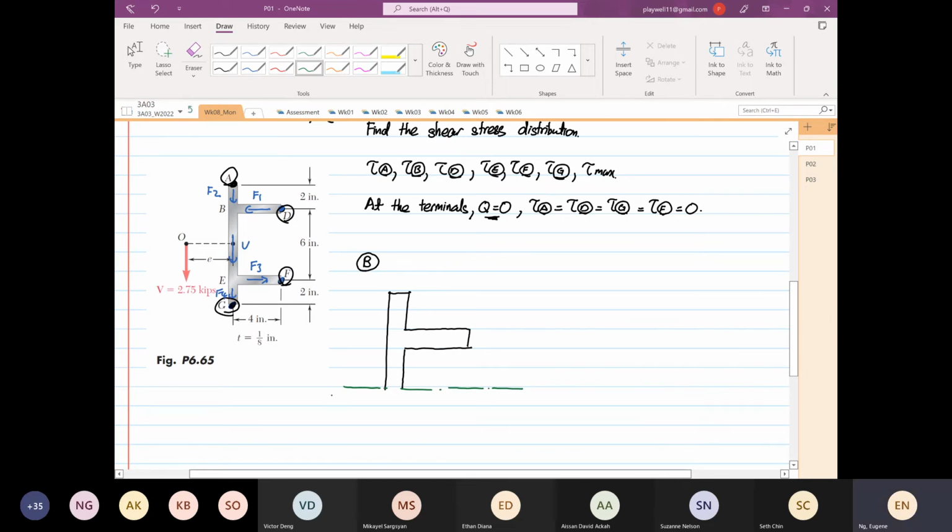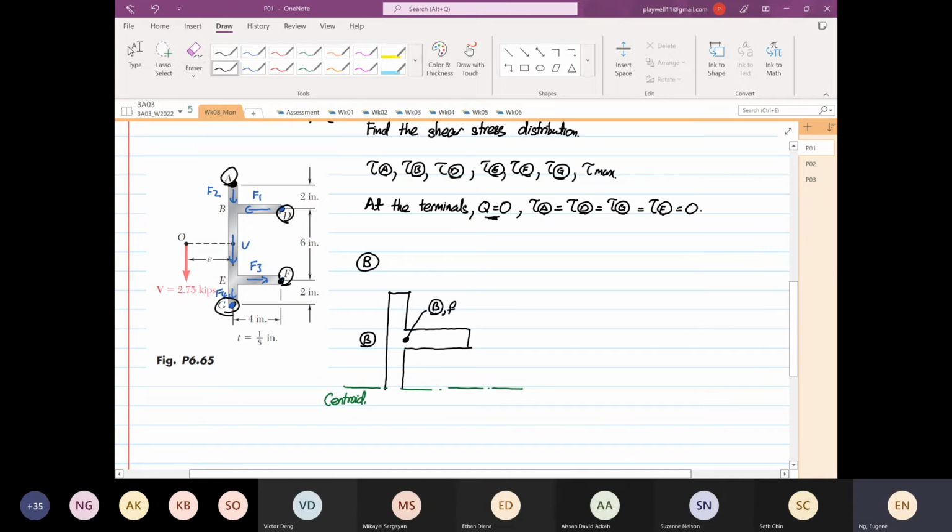So this is our centroid, and this is our point B. But point B has different locations. We have point B here.